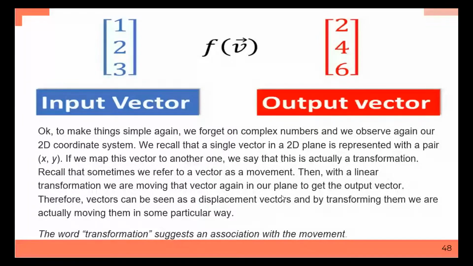So 1, 2, 3, 4, 5, 6. So this is my 6. So here, if I have it in 3D space, I can't draw it like that, but I'll point to here. This is my vector. But it is transformed according to this scale and this scale. This is my 2, and this is my 4.